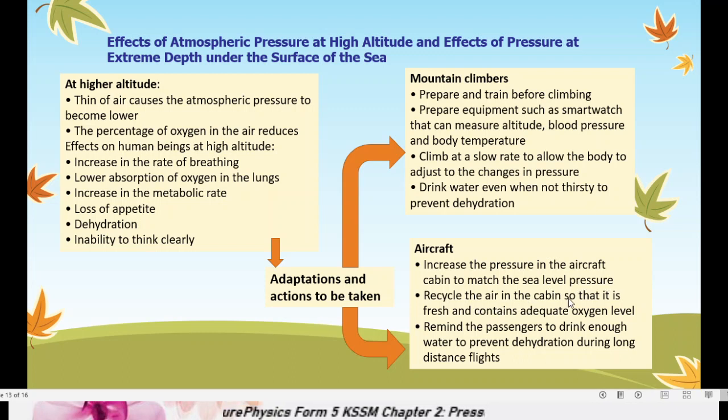Recycle the air in the cabin so that it is fresh and contains adequate oxygen level. Remind the passengers to drink enough water to prevent dehydration during long distance flights. You can read more about this one.